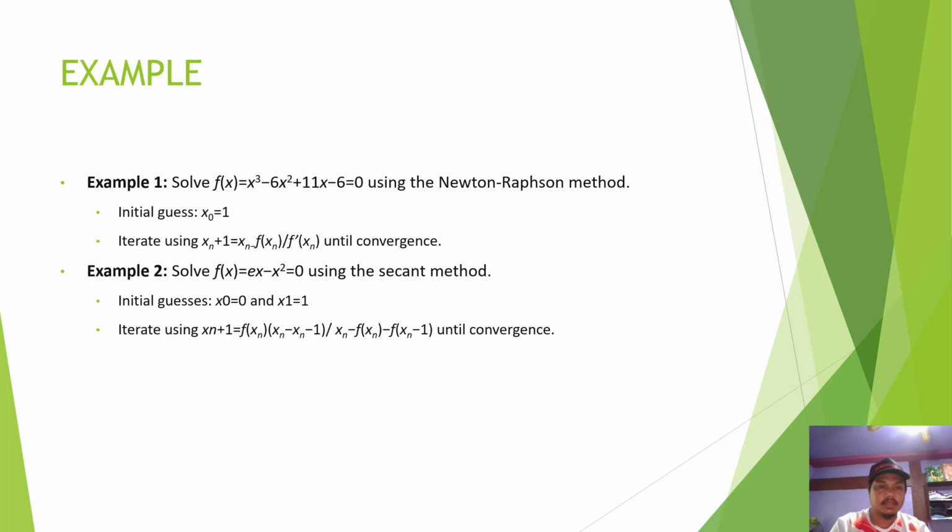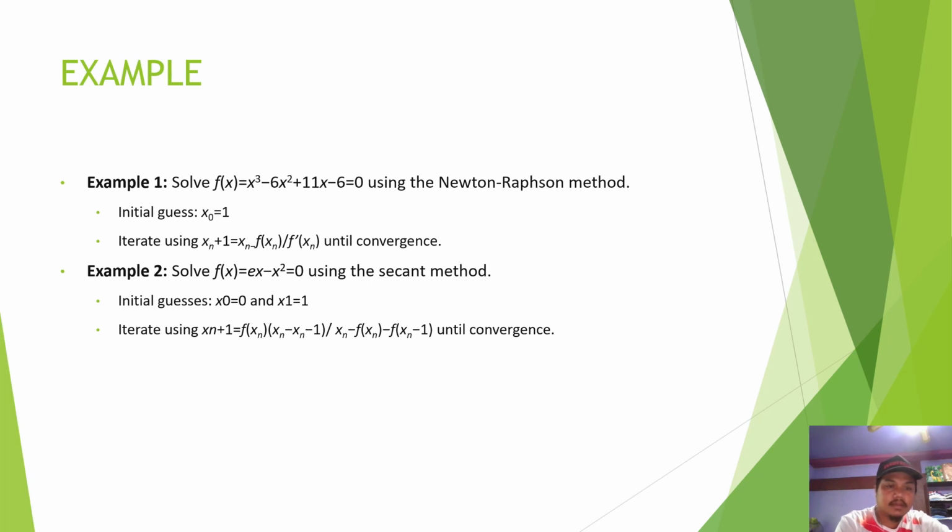So, here in the example, solve the function f of x equals x cubed minus x squared plus 11x minus 6 equals 0 using the Newton-Raphson method. Apply the initial guess x sub 0 is 1.